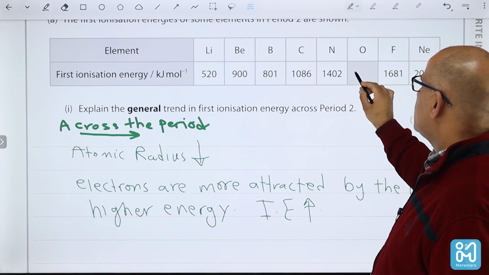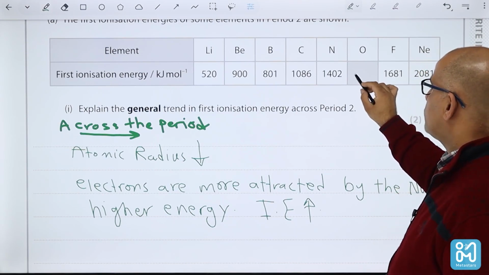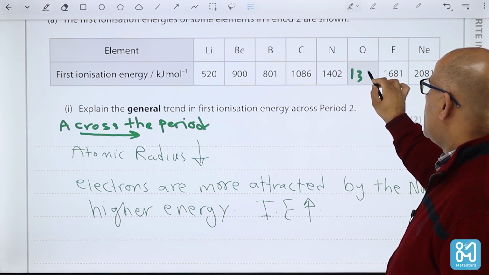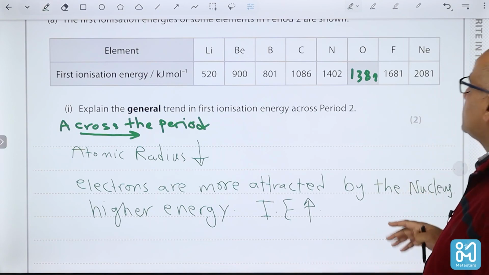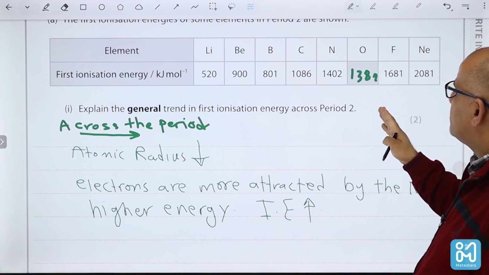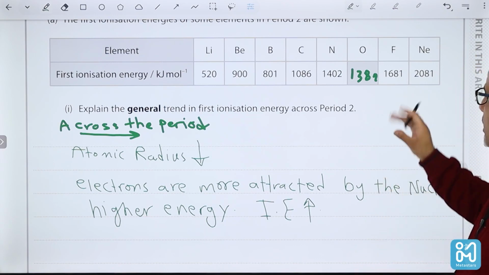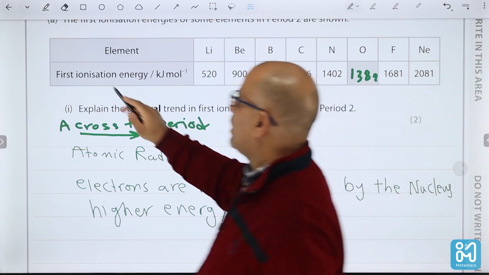So it will be like 1,382, for example, or any value which is a little bit lower than nitrogen, but also lower than fluorine, and the fluorine will be a higher value.